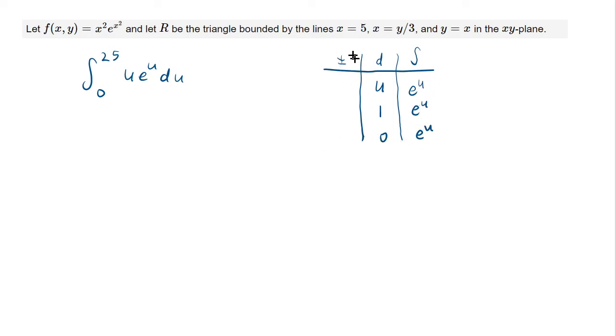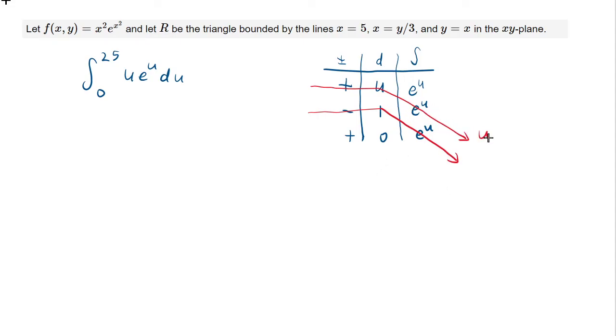And then the first column is the alternating signs. You always start from plus and you go down plus, minus, plus. Once you're done with this, then tabular integration says you go diagonally. It's like a missile going down, that's how I see it.